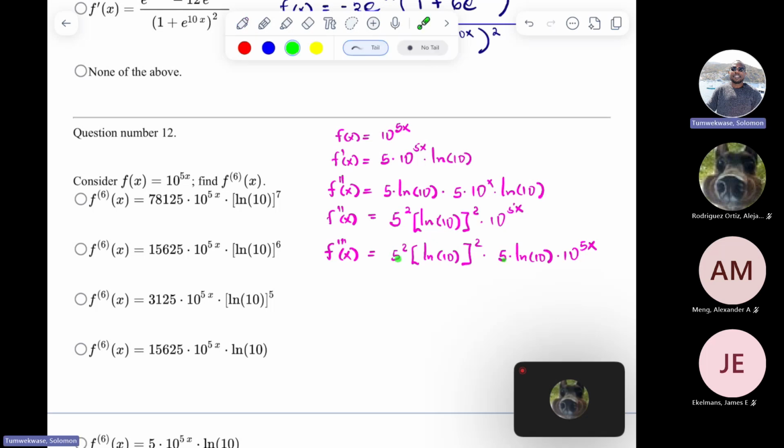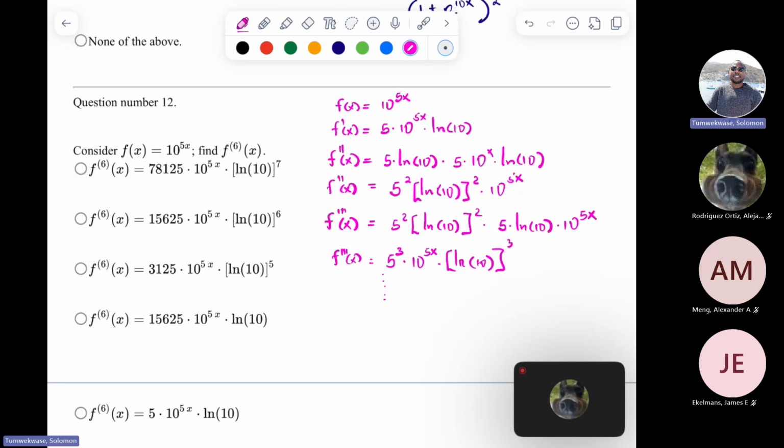So 5 times 5 squared, that is 5 cubed. Then we have this guy here, which is 10 to the 5x. Then natural log of 10 squared times natural log of 10, that is natural log of 10 cubed, and that is my third derivative.